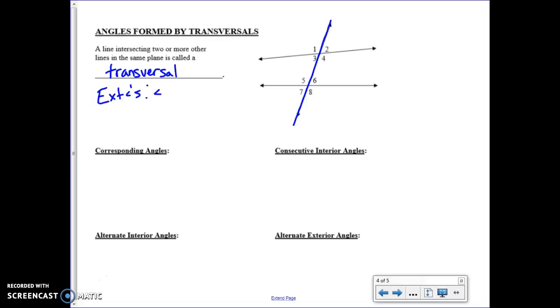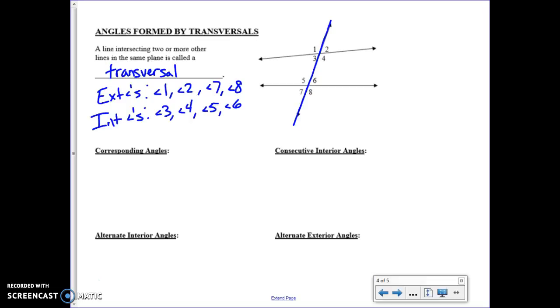So that would be angle 1, angle 2, angle 7, and angle 8. Notice those in your picture, why they are exterior angles. They're outside those lines. Then we have interior angles. Those would be angle 3, angle 4, angle 5, and angle 6. Those are on the inside of those lines.